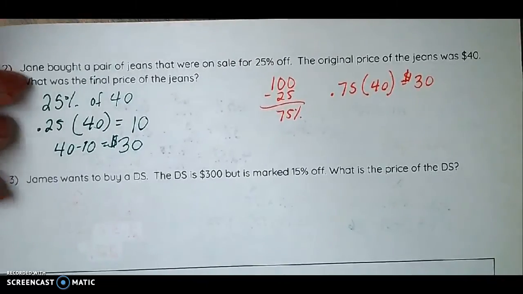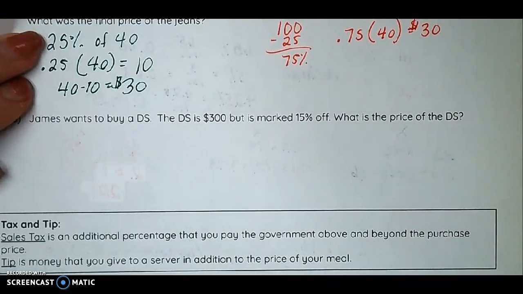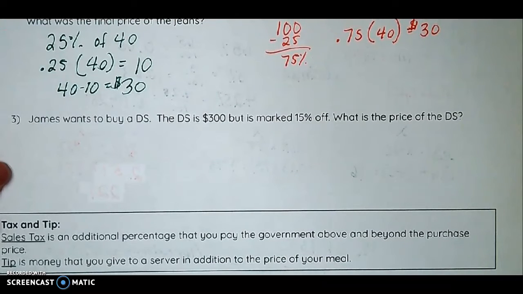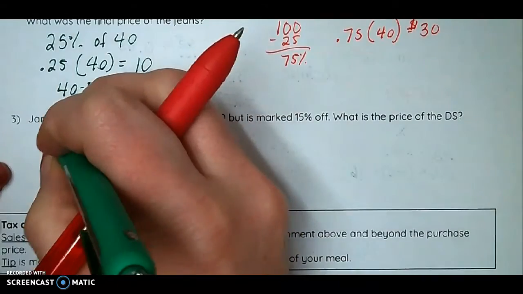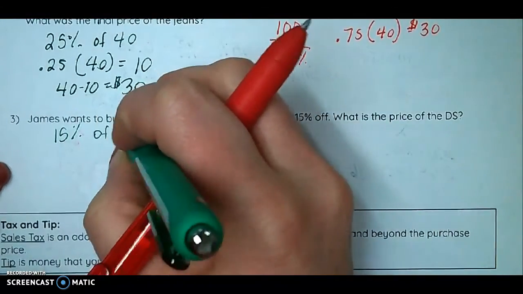James wants to buy a DS. The DS is $300, but is marked off 15%. What is the price of the DS? So once again, if I do method one, I'm going to find 15% of $300.